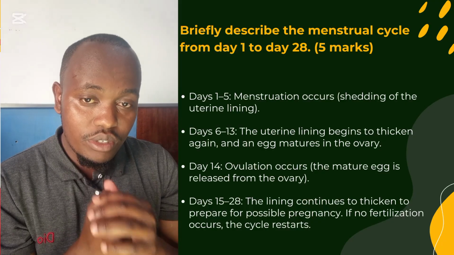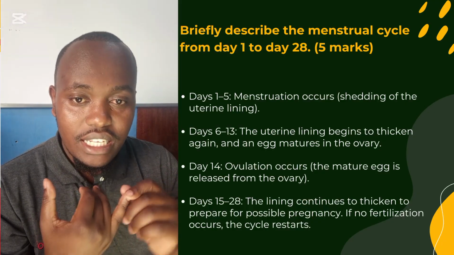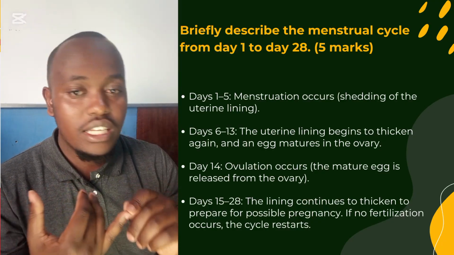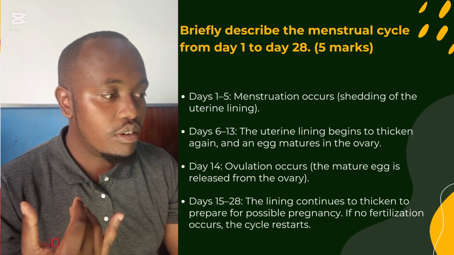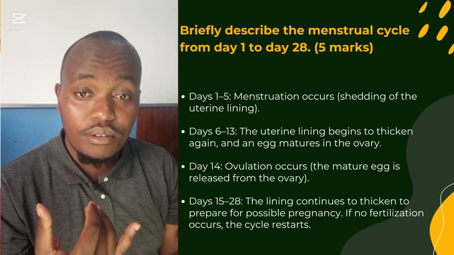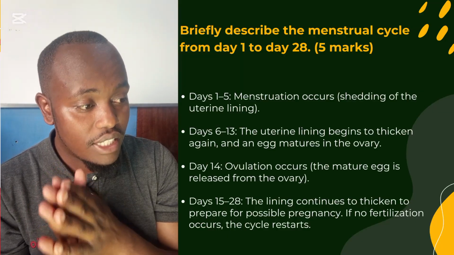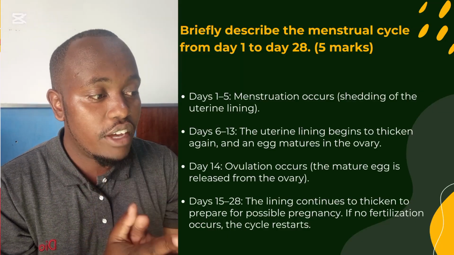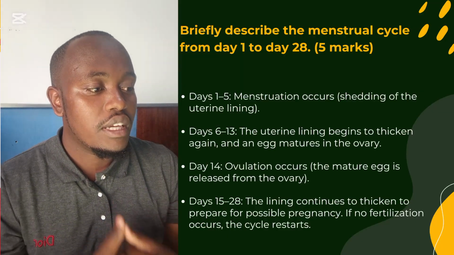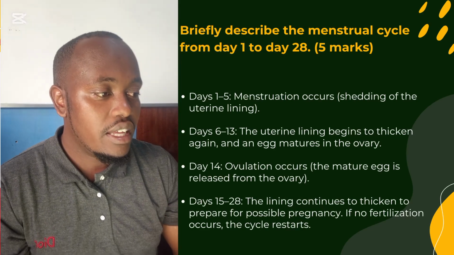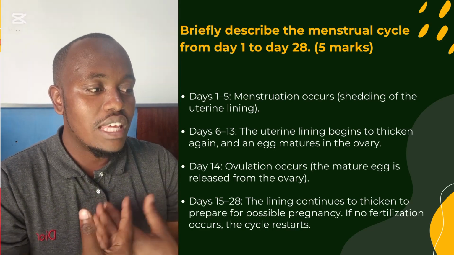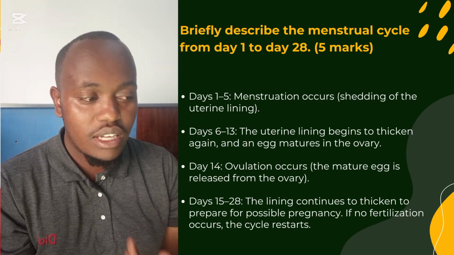Remember, note that the first day of spotting is the first day of the menstrual cycle. That's why we are saying between days 1 and 5 menstruation occurs. Days 6 to 13, the uterine lining begins to thicken again and an egg matures in the ovary.